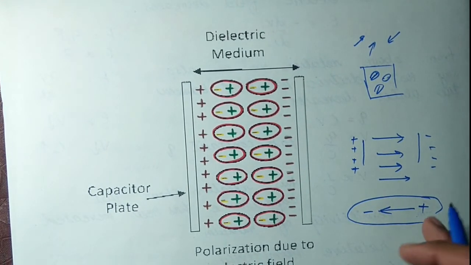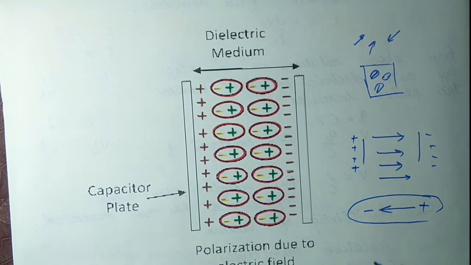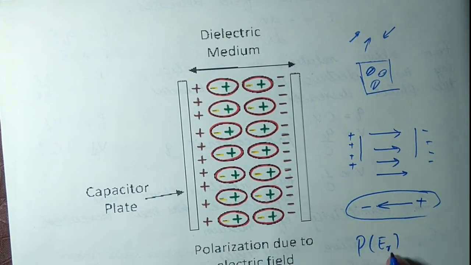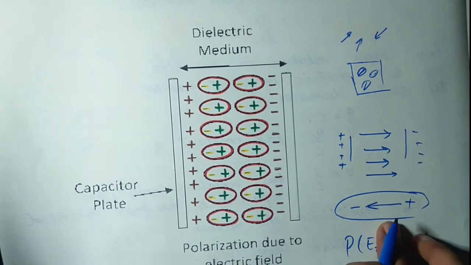We already discussed what an induced electric field is. So P will be in the direction of E induced.